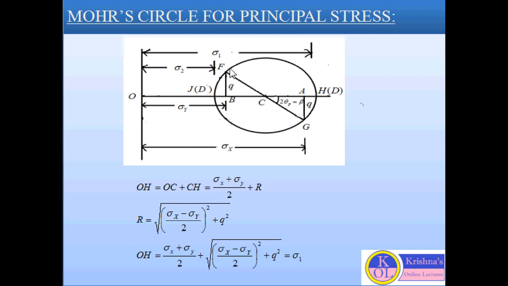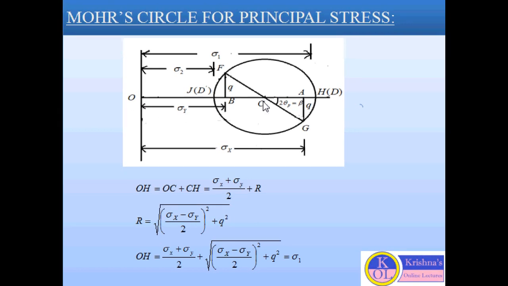Now we have two points F and G. Join these two points F and G, and this line intersects the x-axis at point C. By definition, the principal plane is one at which the shear stress is 0, so CH represents the major principal plane, and angle 2 theta P equals beta.